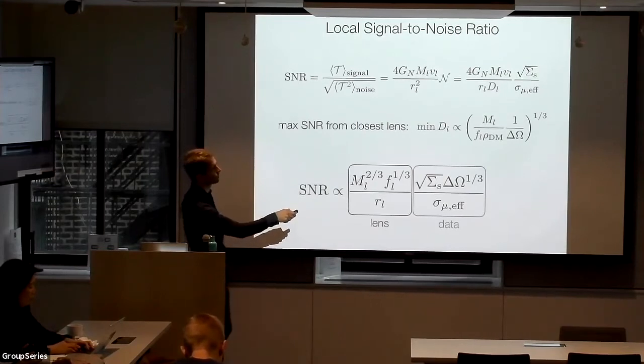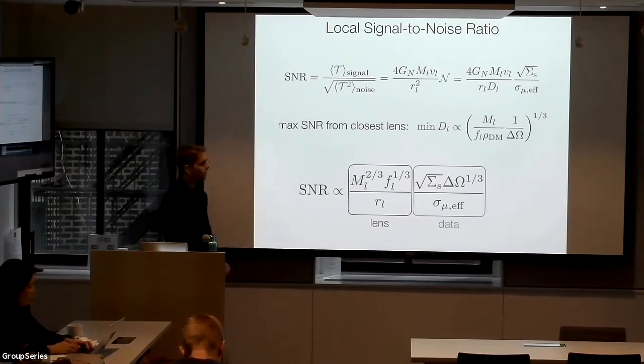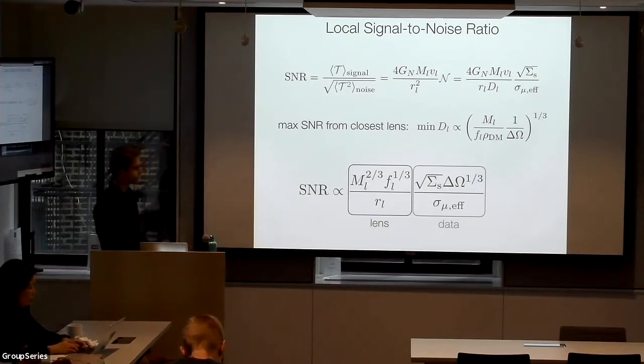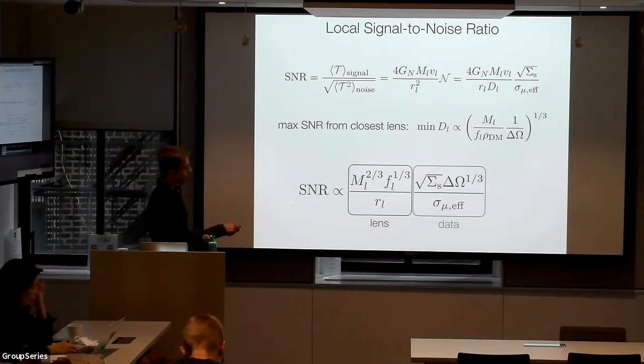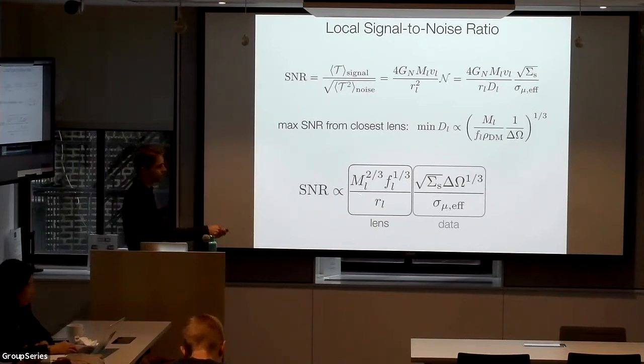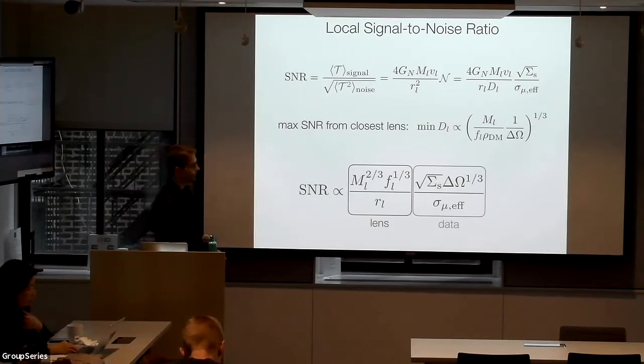It's the square root of the typical angular number density of stars, divided by the typical error on the proper motions. So if you plug in this formula, this is what the signal-to-noise ratio looks like. It scales like mass to the 2/3. It only has a very weak scaling with the fractional abundance of subhalos, only the 1/3 power, and it scales like the inverse size of the lens.